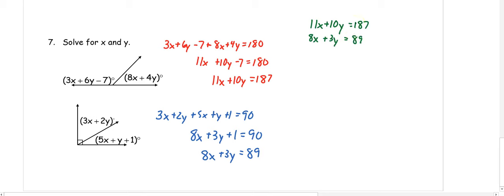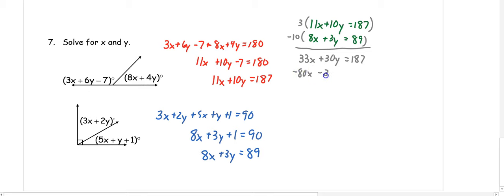So in order to solve and eliminate one of my variables, I need to multiply my equations in order to cancel out a variable. So I'm going to multiply the first equation by 3 and the second equation by -10 in order to eliminate my y's. So when I multiply, remember, multiply all three things. So 33x plus 30y equals 187 times 3, 561.